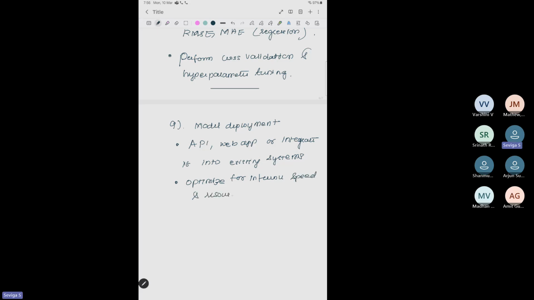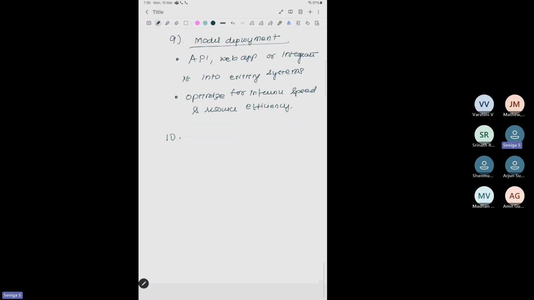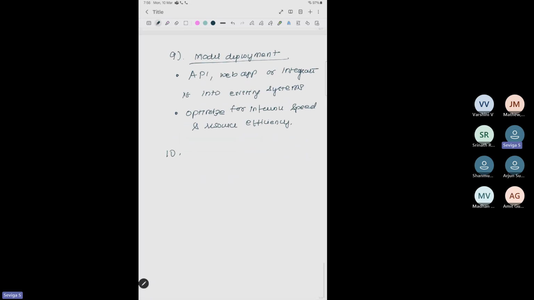For developing, we don't see if it is resource efficient or not, but while deploying, we will see if it is efficient. So the next step, after model deployment, is that we will continuously monitor it, and also we will maintain the system.